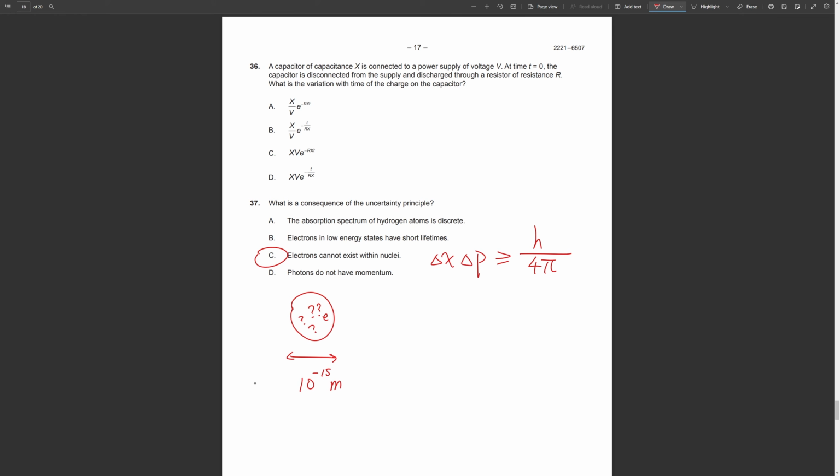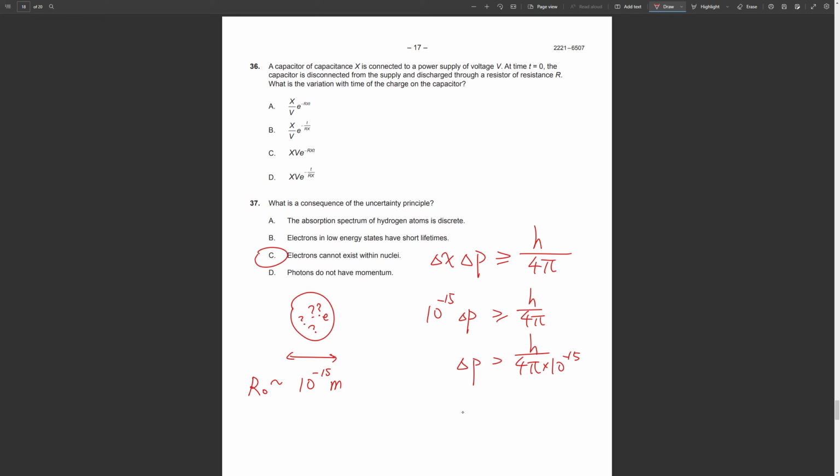It is just like the Fermi radius in your formula sheets. Next, we can have 10 to the power of negative 15 times its momentum greater than h over 4 pi. Momentum is h over 4 pi times 10 to the power of negative 15.